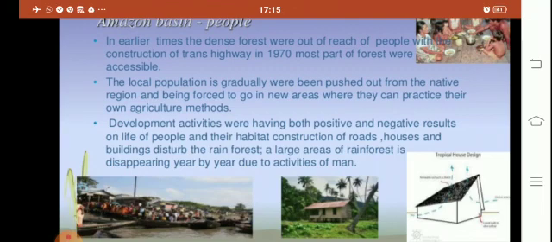Now, because of this highway, people can reach each and every part of this rainforest. The local population is gradually being pushed out from the native region and forced to go to new areas where they can practice their own agriculture method.